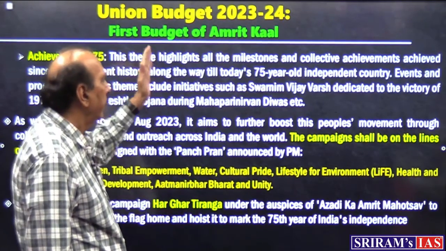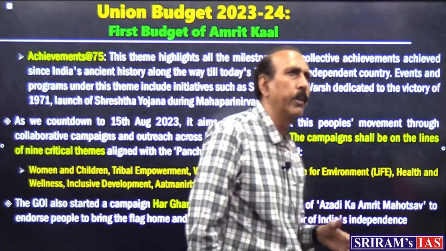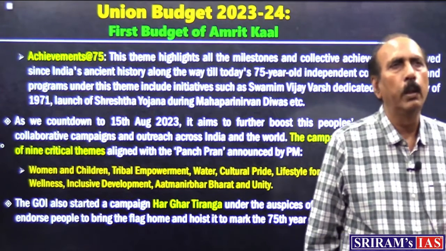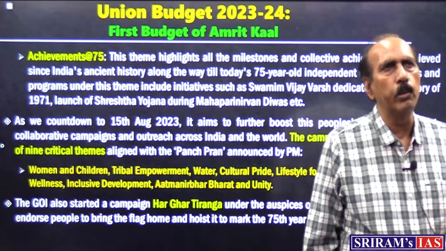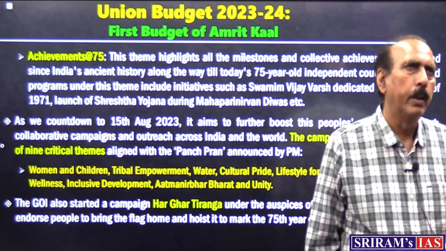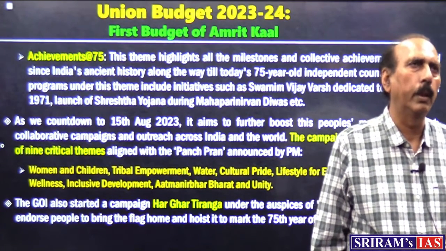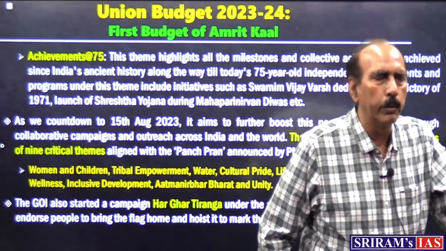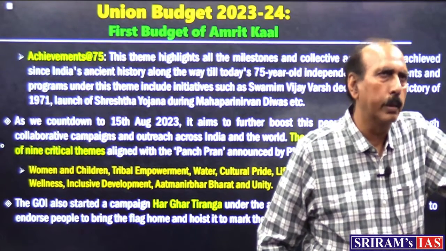So we have identified what is to be done in 75 weeks, which will be culminated on 15th of August 2023. And 2023-24 is the first year of this Amrit Kal. Amrit Kal is defined till 2046-47. By 2047, we have made a perception about India's economy.